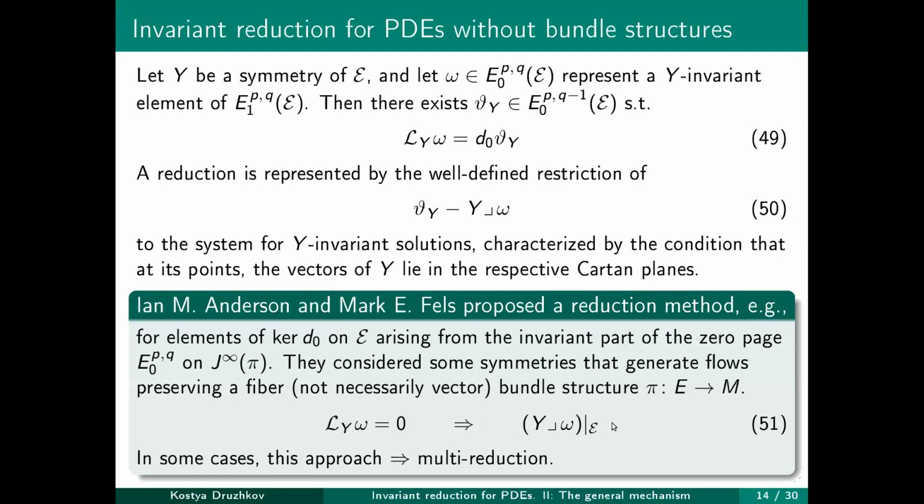So their reduction mechanism is mostly the same, but in their reduction mechanism we require that a representative must be Y invariant itself. So their approach is less invariant because they consider symmetries that generate flows, some of them, but their approach has a very interesting advantage. It's more or less clear how to generalize their approach when it comes to multi-reduction, right?